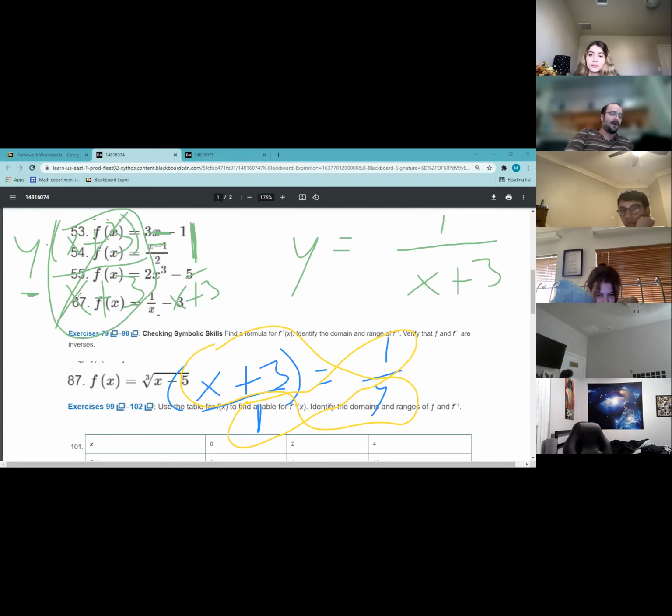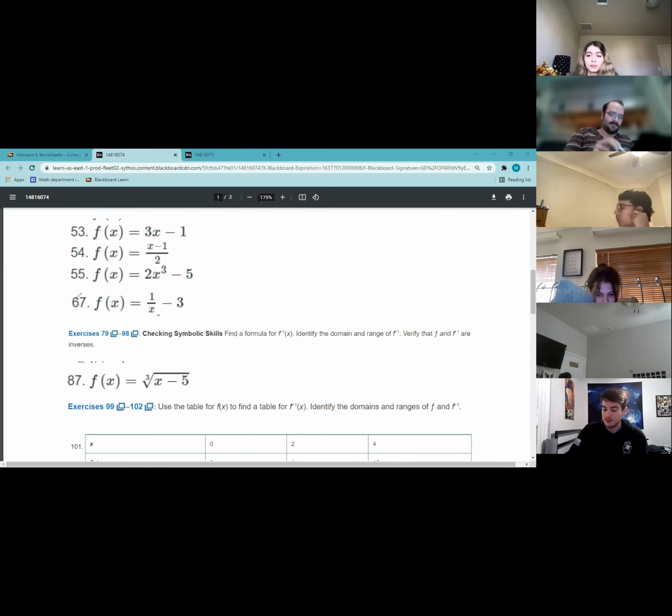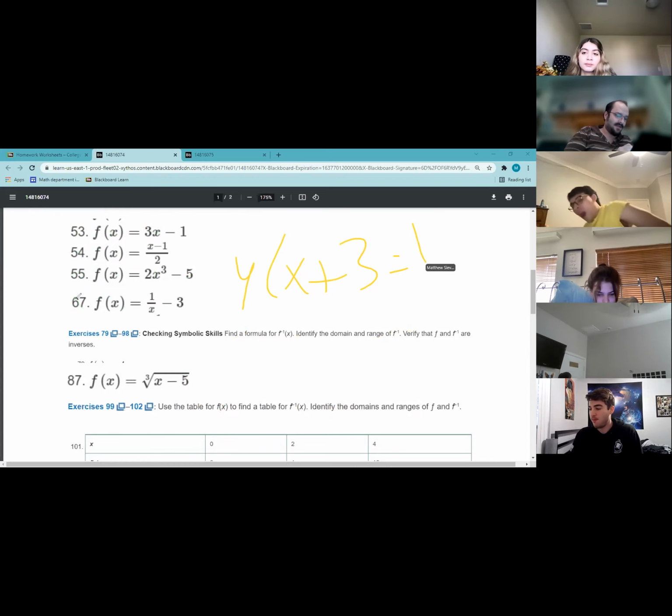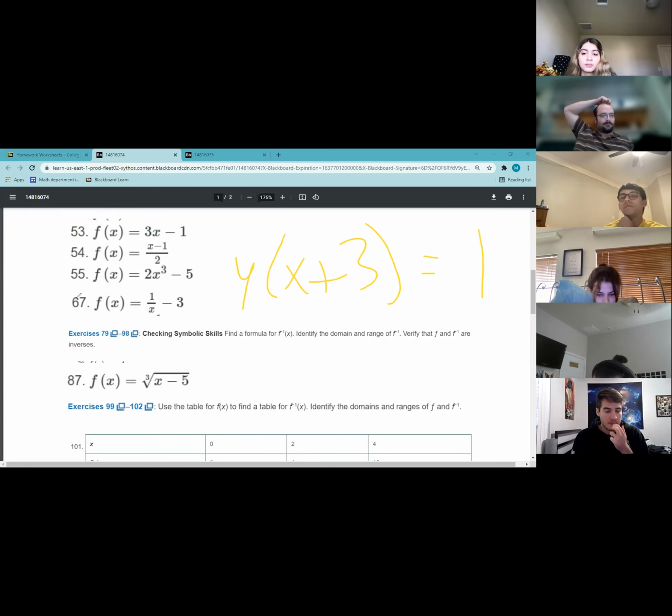So I think I see what you're saying. At this step, when you say something like y times x plus 3 equals 1 over y, you end up multiplying y on both sides. Mhm. And I understand that when you cross out both y's on your right side, that gives you 1.